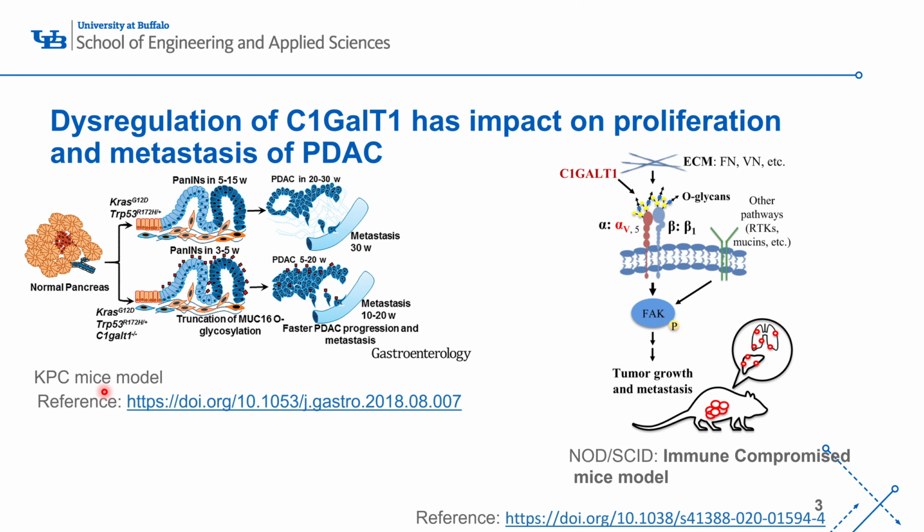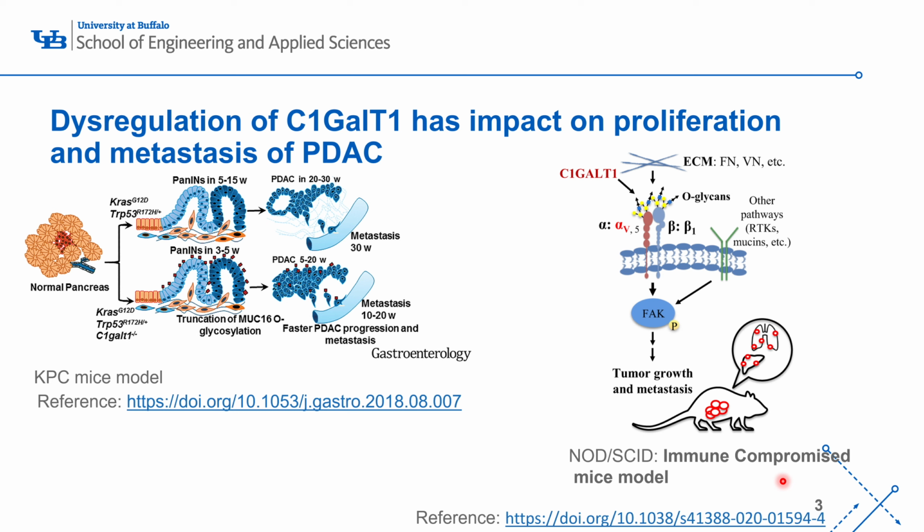There is one more study which shows that overexpression of C1GALT1 will cause tumor growth and metastasis. This study is done in NOD or SCID mice, which have a compromised immune system.